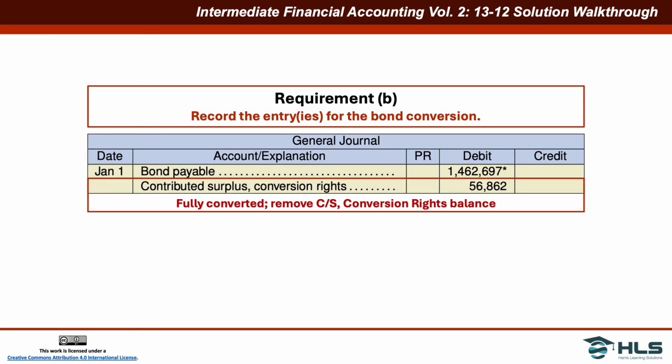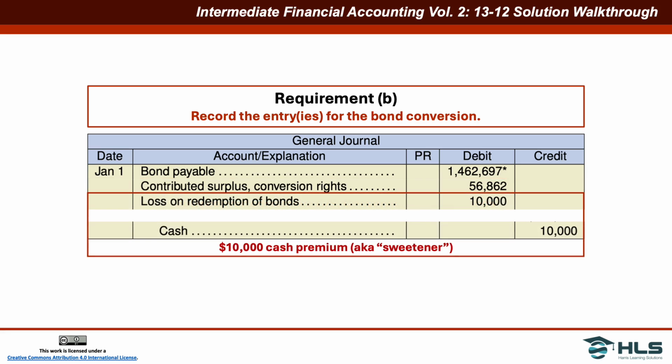We're going to remove the contributed surplus balance that we set up when the bonds were issued. So we'll debit contributed surplus conversion rights for $56,862. This now eliminates the balance in that account altogether. Next, we can record the cash component. The company is paying a $10,000 cash premium, which is also known as a sweetener. So we're going to credit cash for $10,000, and at the same time, we'll debit a loss or redemption of bonds for $10,000.